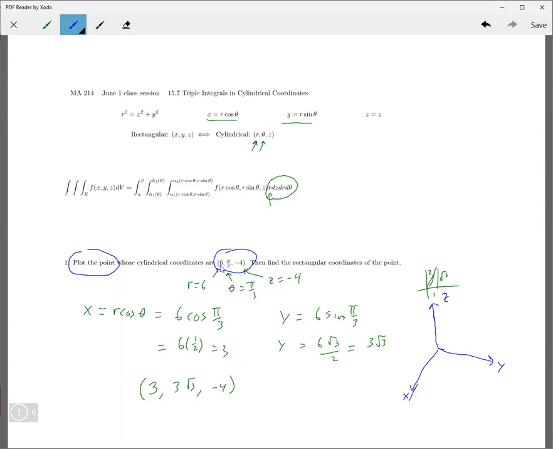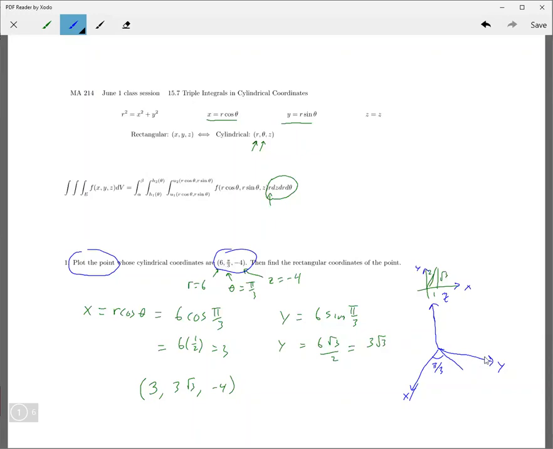And your radius is 6, but let's look at the pi over 3 first. This pi over 3 would be the angle. Here we have x and y right there, but here they're like that. So the angle would be more like that right there. Okay, so that's looking at a pi over 3 angle, going from x to y.